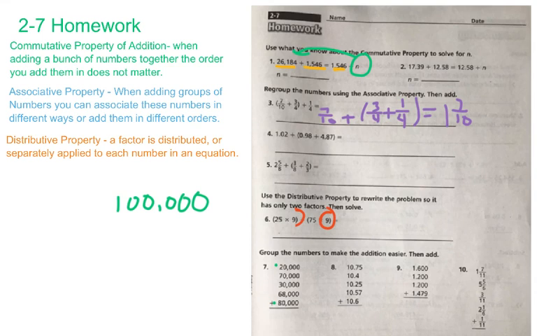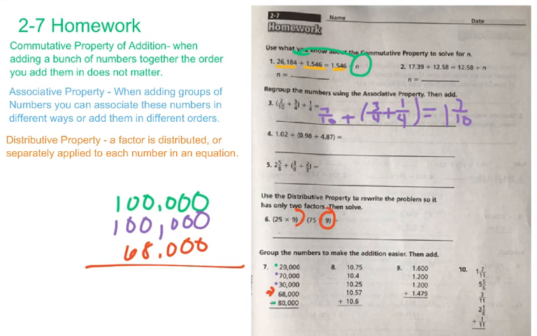If you were then to add your 70,000 plus your 30,000, that gives you another 100,000. Easy number to work with, right? And then you're left with 68,000. And then all you have to do is add them up, and really then you just have 268,000.